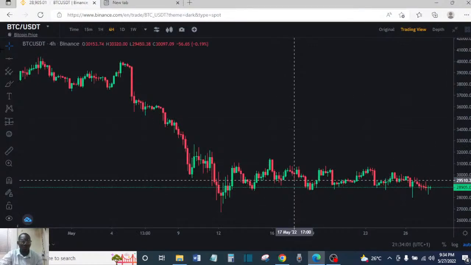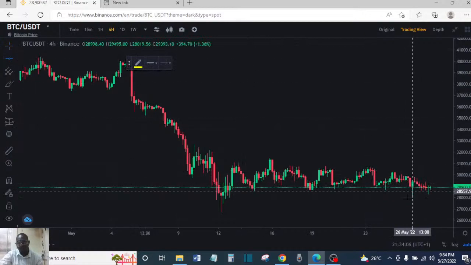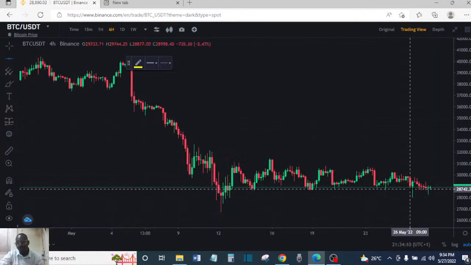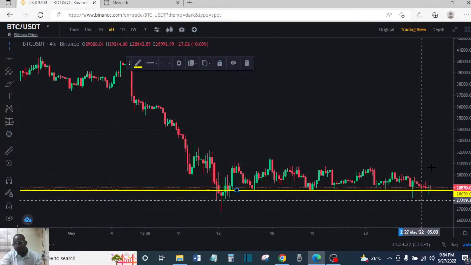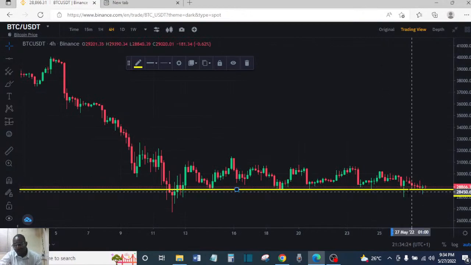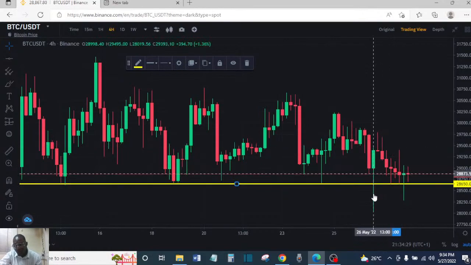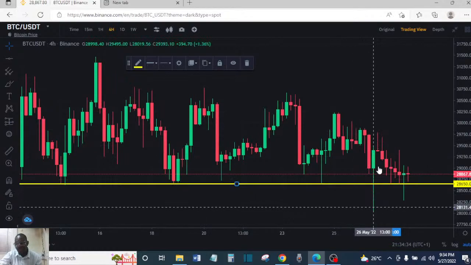If we look at the halfway to this particular price action that cleared these stops, it will be around 28,700 or so, somewhere around there. This will be the halfway. You can do the maths, but approximately this is around the halfway.